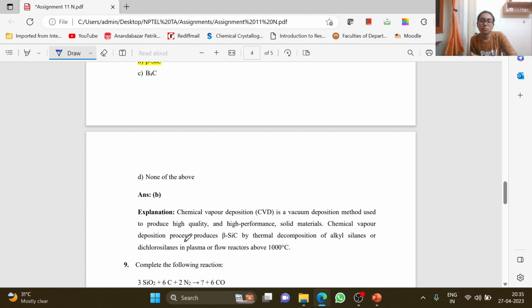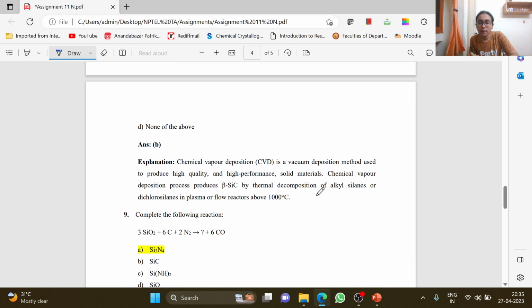The process produces beta silicon carbide by thermal decomposition of alkyl silanes or dichlorosilanes in plasma or flow reactors above 1000 degrees centigrade. Very high temperature is needed, and vacuum means there will be no pressure. So we apply vapor deposition and then silicon carbide will be formed.